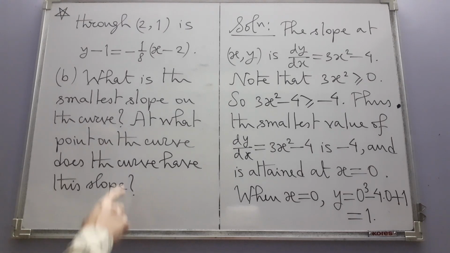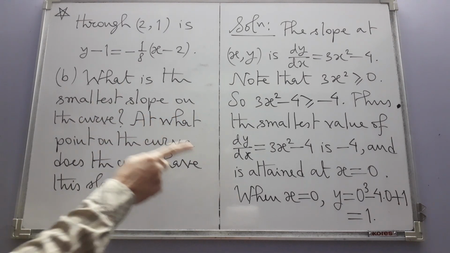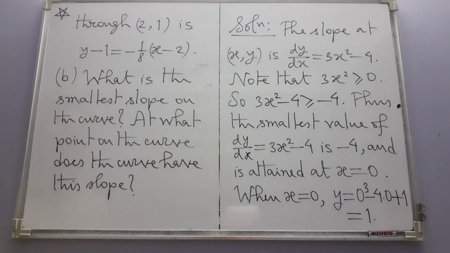So we have to find the smallest slope as well as the point where it is attained. So we have found these things.